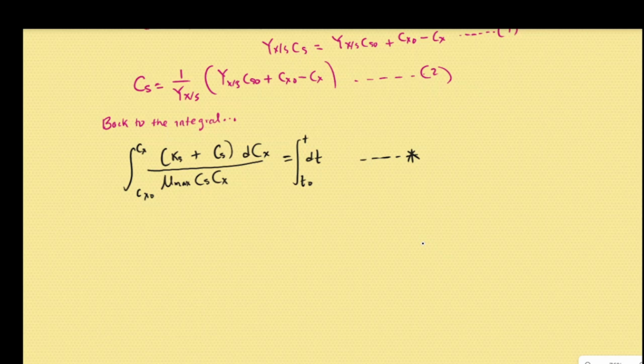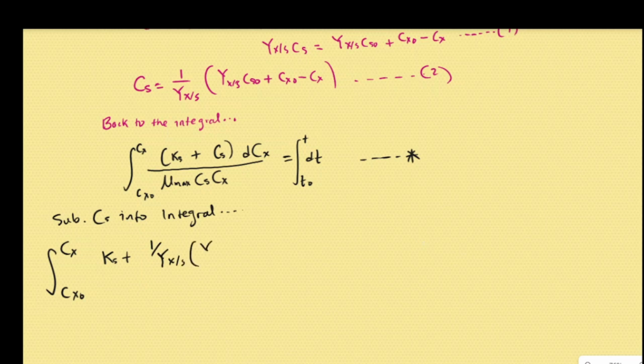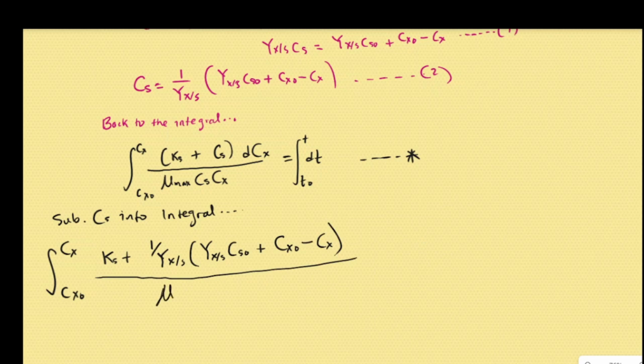So in substituting Cs into the integral, you have the integral from Cx0 to Cx of Ks plus, instead of Cs, you can now replace it with 1 over Yx/s into (Yx/s Cs0 plus Cx0 minus Cx), and all over mu max, then we have Cs.